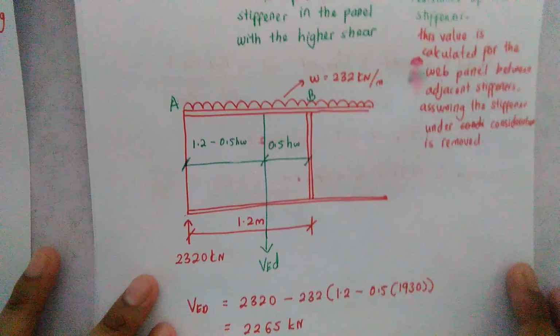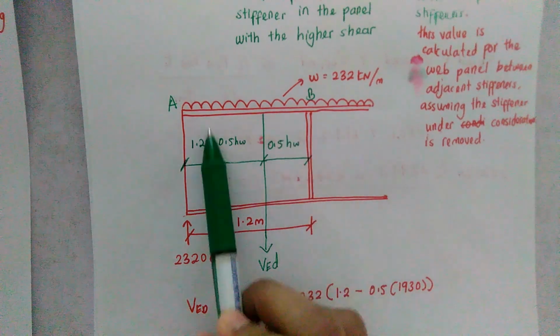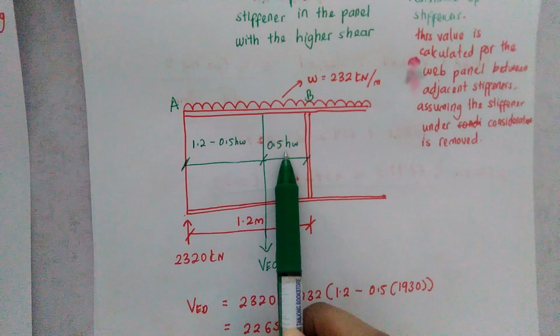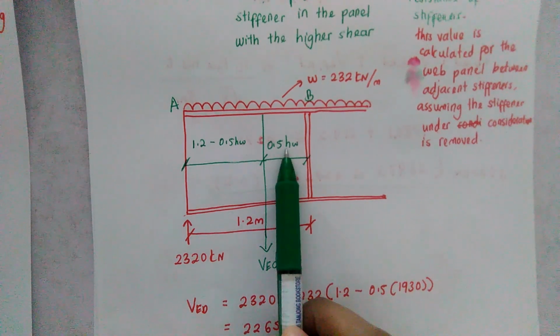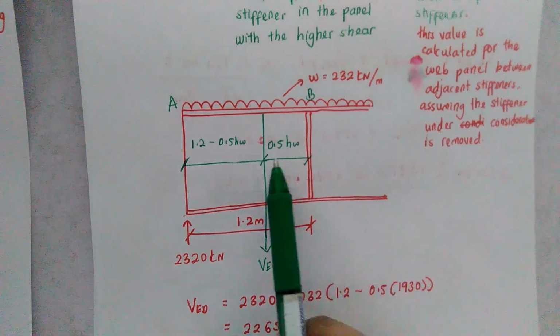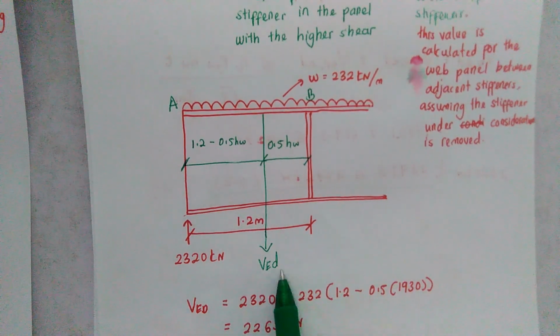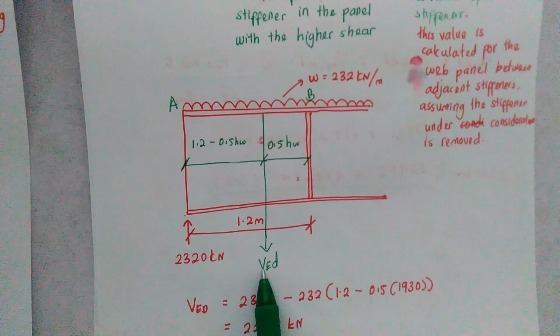Here, the panel that you design is panel AB, at 0.5 hw. What does hw mean? hw is the height of the web. So in this case, you need to calculate the VEd at that particular point.